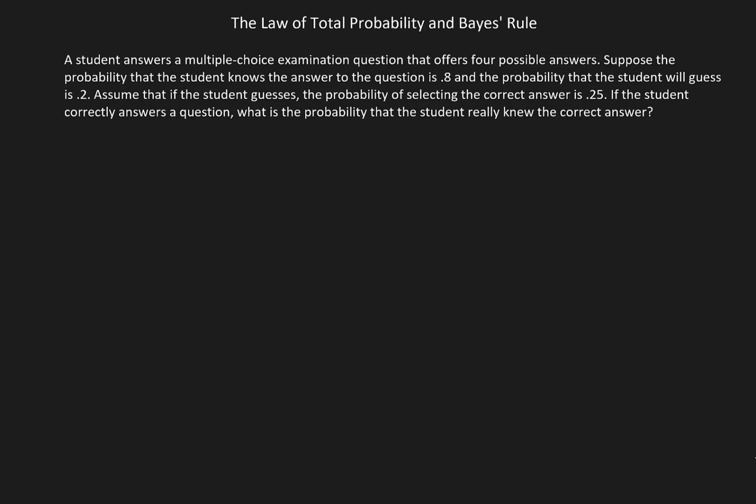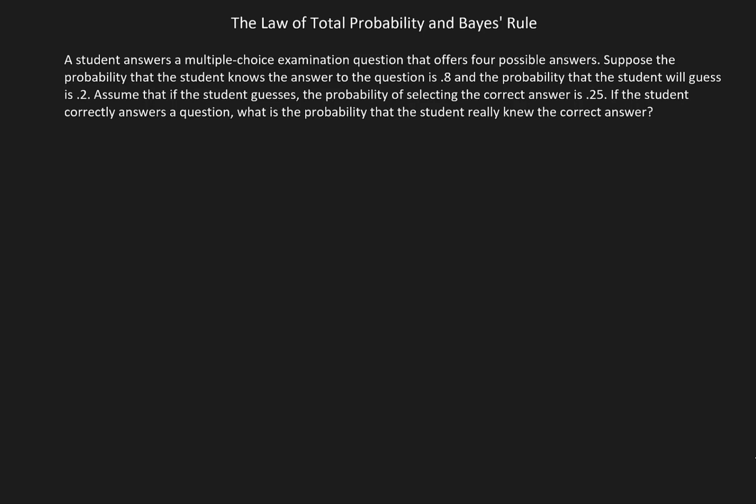Assume that if the student guesses, the probability of selecting the correct answer is 0.25. The student correctly answers the question. If the student correctly answers a question, what is the probability that the student really knew the correct answer?